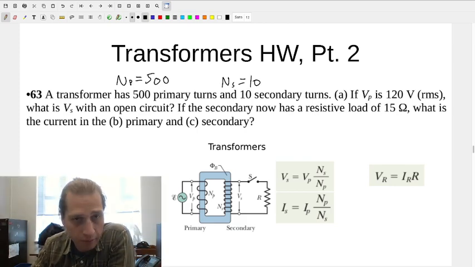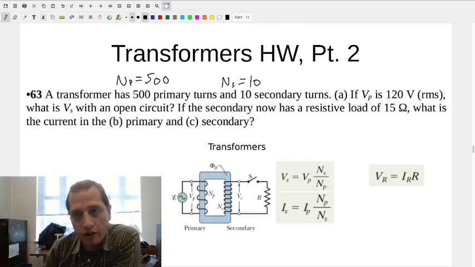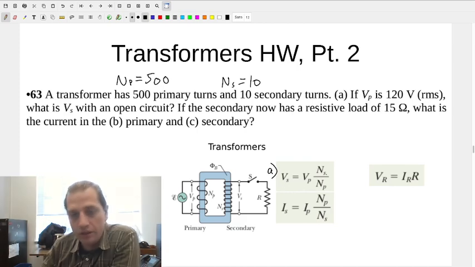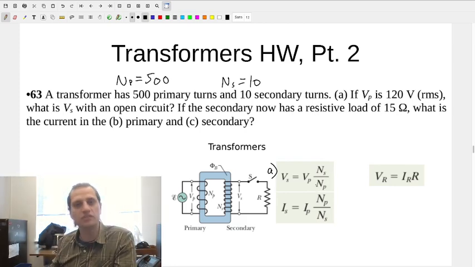You start out with a bigger voltage, you end up with a smaller voltage. It says, if V primary is 120 volts, what is V_S with an open circuit? So you're going to use V_S equals V_P N_S over N_P. That's what you get to use for this. Of course, on your exam, I will give you these.